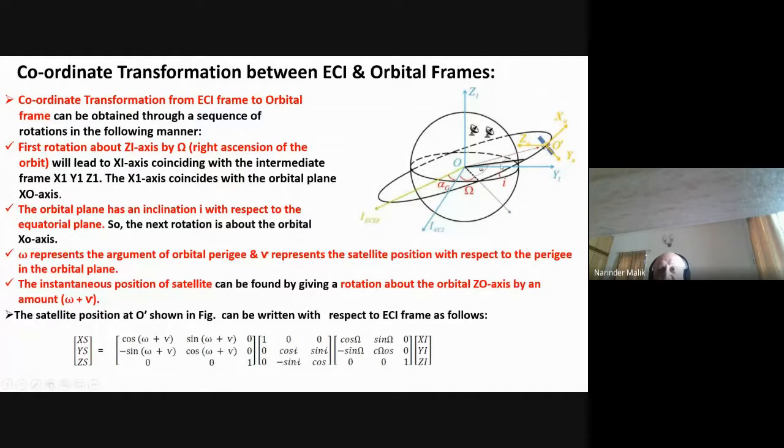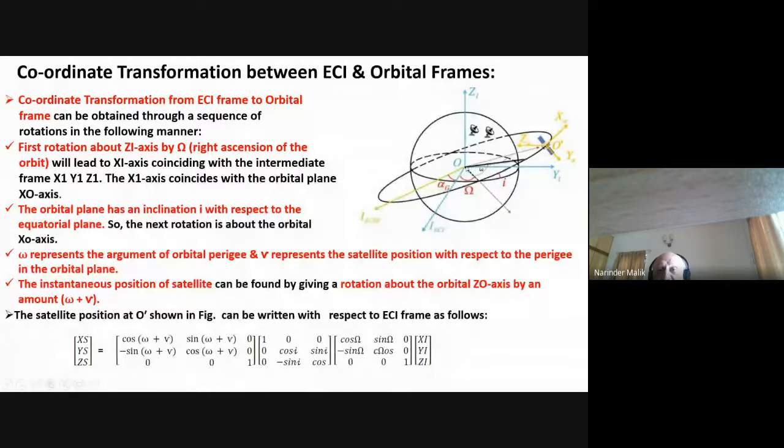Now the new plane lies in the orbital plane. Now I give a rotation by omega to find where the perigee axis is. If I give another rotation, I get one more frame whose axis is along the orbit perigee.